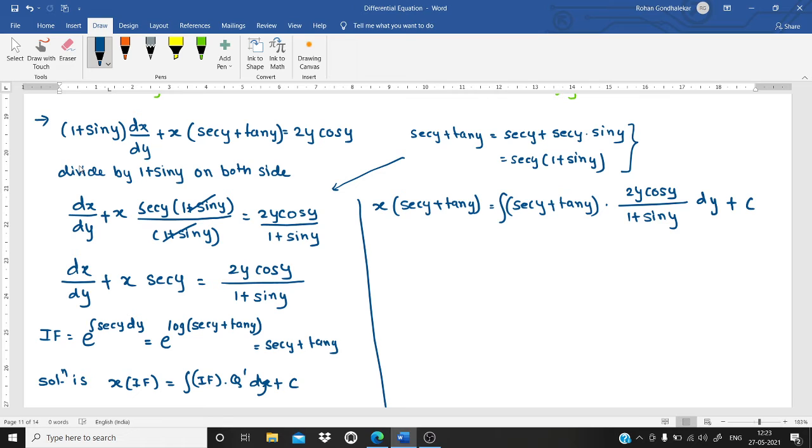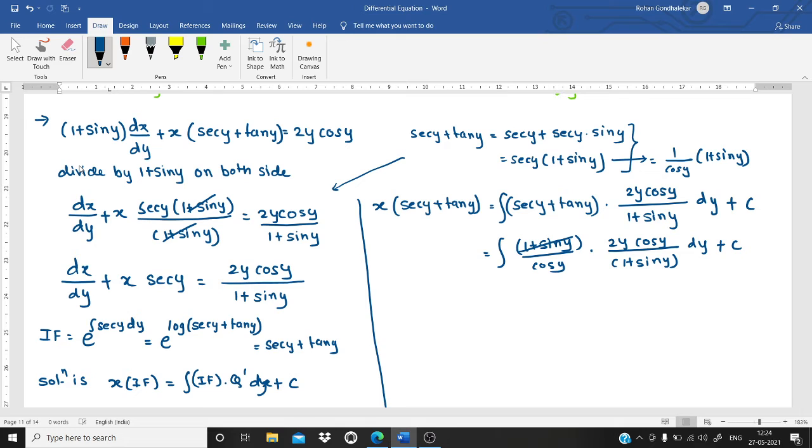And what is sec y? Sec y is nothing but, I'll write it here, 1 upon cos y, so sec y + tan y equals (1 + sin y) upon cos y. The same I'll replace here: (1 + sin y) upon cos y times 2y cos y upon 1 + sin y dy plus c.